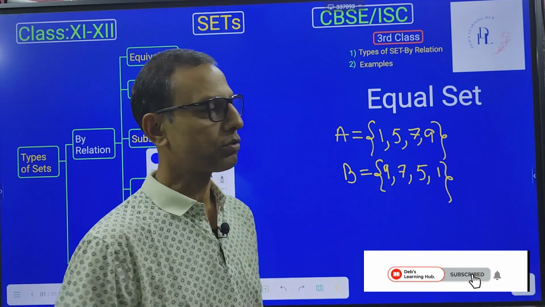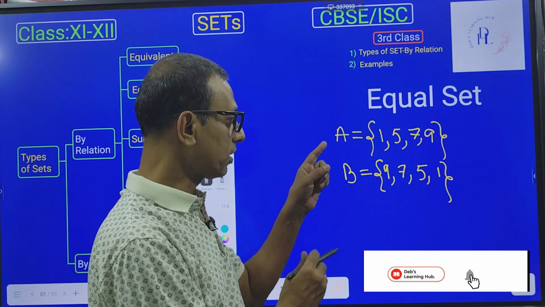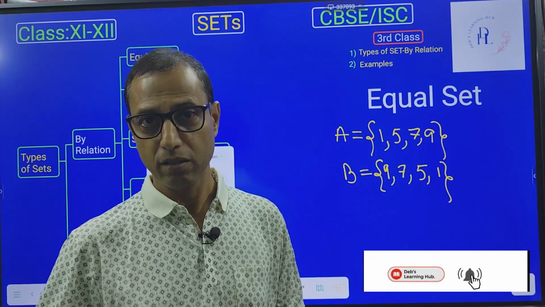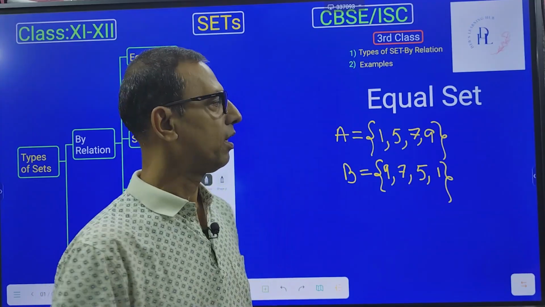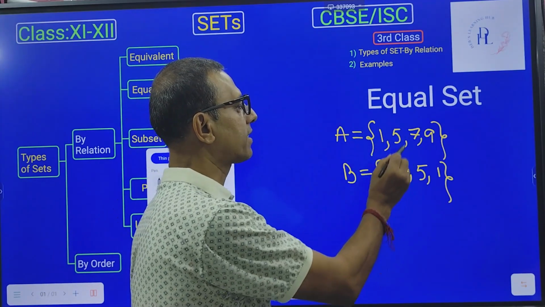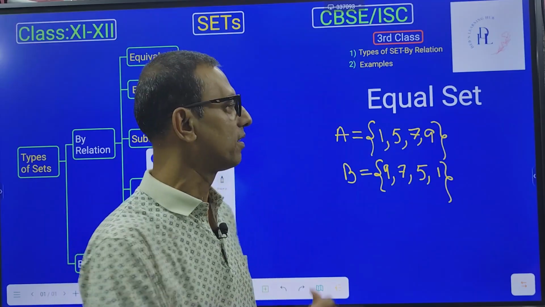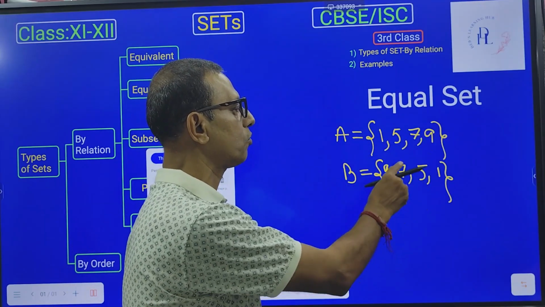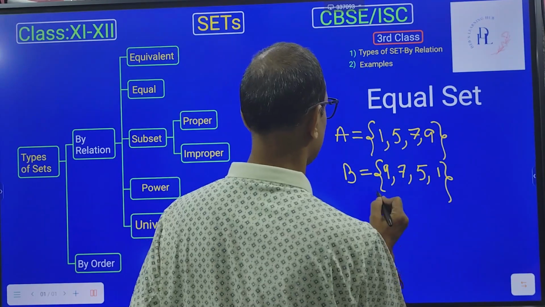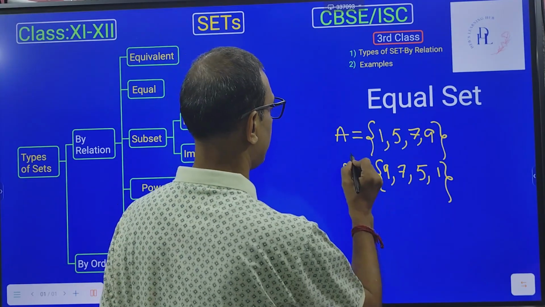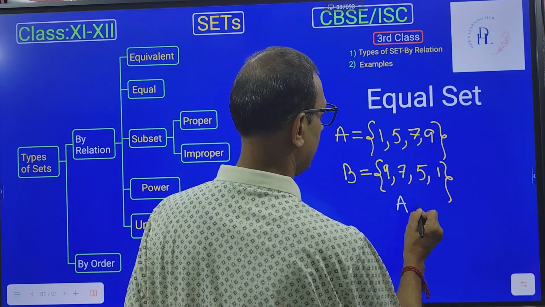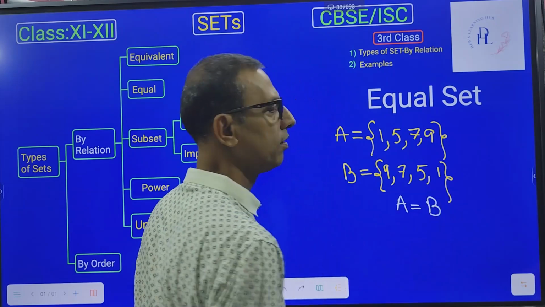How many elements? 4. So both set A and set B are equivalent, since the order is the same. And also set A and set B have the same members, 1, 5, 7, 9. So set A and set B are equal.